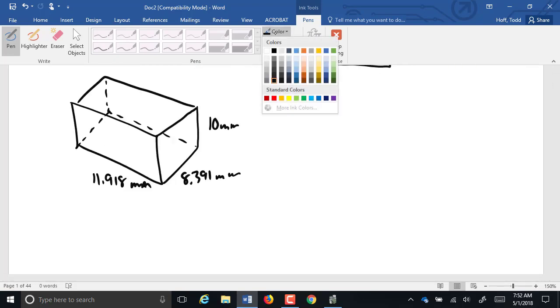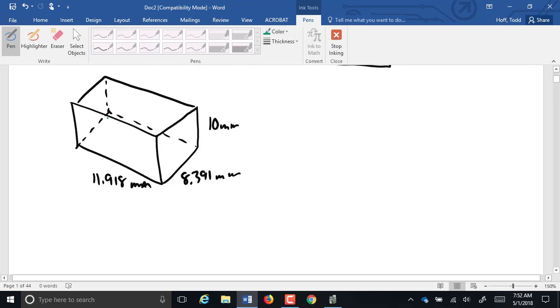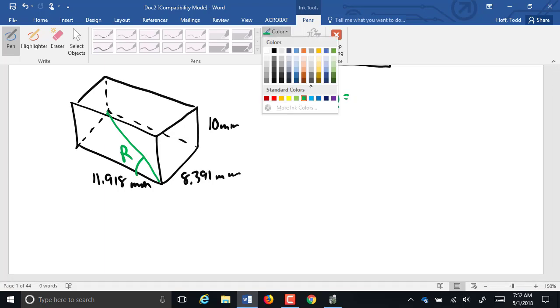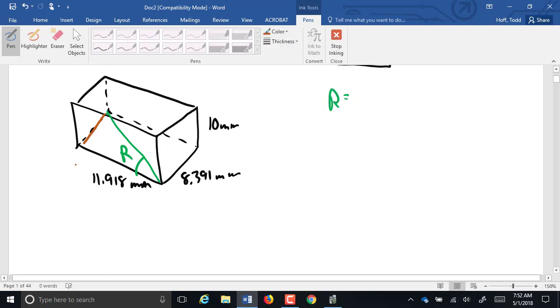So what we're looking for here, our angle of rotation, is just this angle R right here. How do we find R? Okay, we could do that, or we could just do this here is going to be a right triangle. Here's R. I think you got something backwards, by the way.